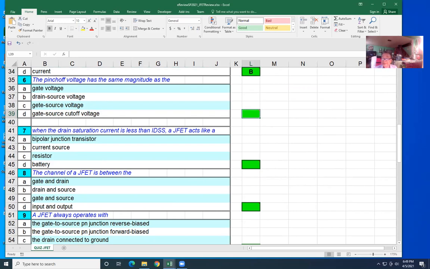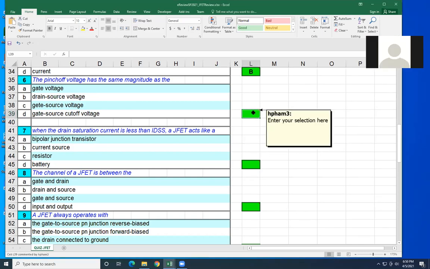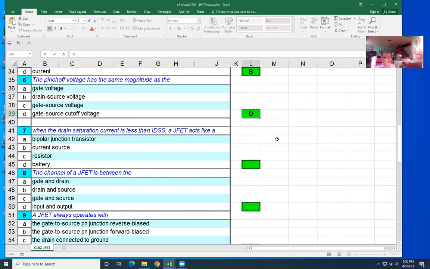Okay, number 6. The pinch off voltage has the same magnitude as the gate source cutoff voltage, that means VGS off.